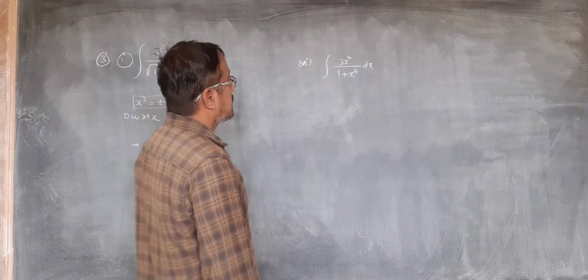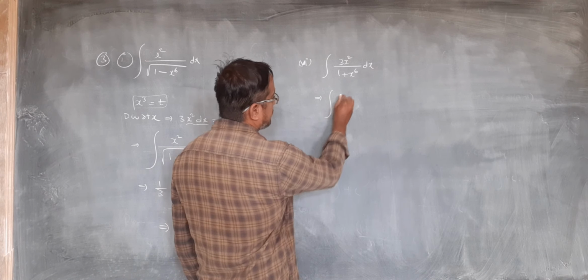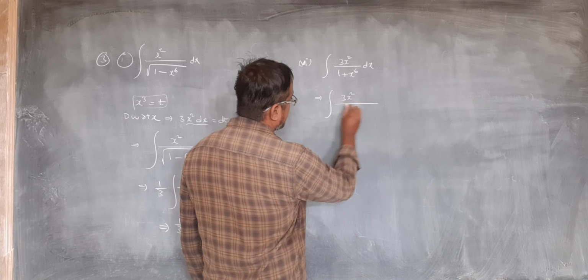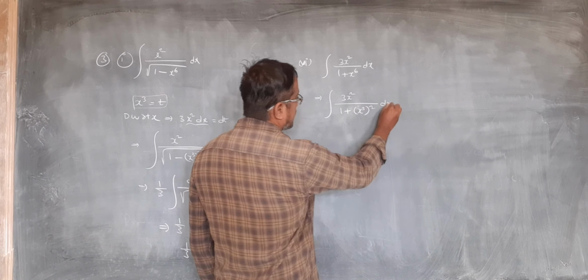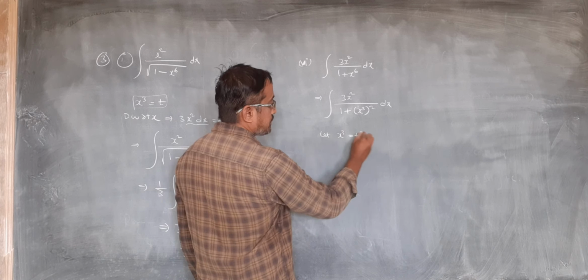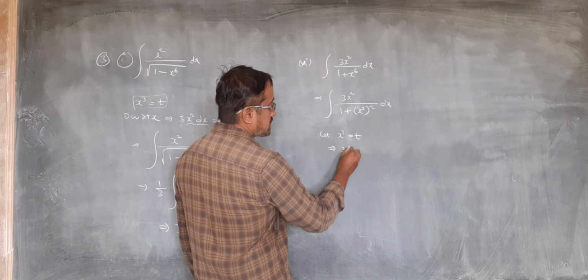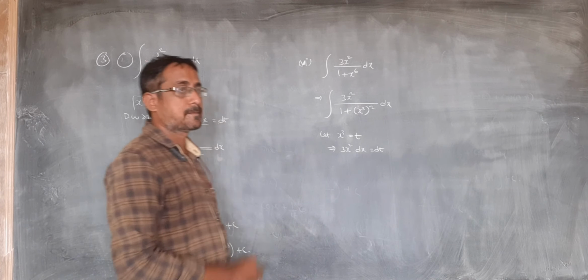Now integral 3x square by 1 plus x power 6 dx. Now this can be written as 3x square by 1 plus x cube whole square dx. Now let x cube be equal to t. Its derivative is 3x square dx is equal to dt.